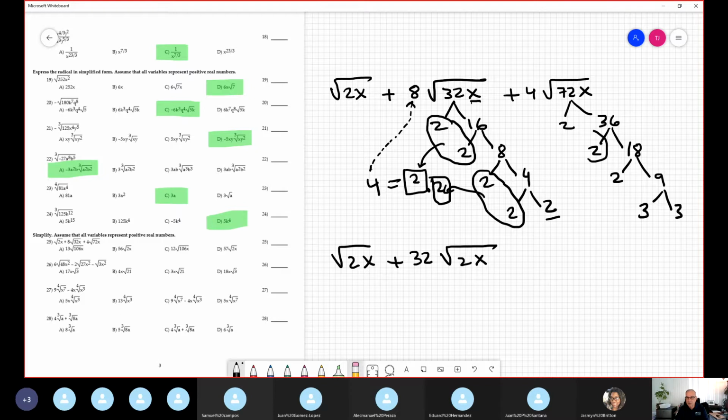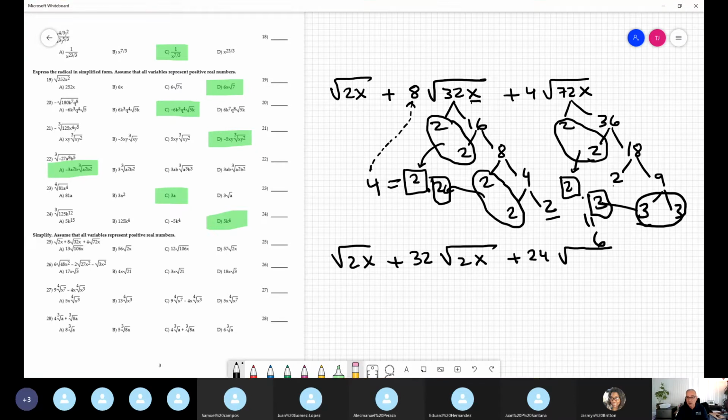Again, we're detecting a couple of 2, a couple of 3, go outside like 2, go outside like 3, and 2 times 3 is 6, and 6 times 4, that is the factor outside, is 24, plus 24 radical something. These two stay inside, no couple, and x.